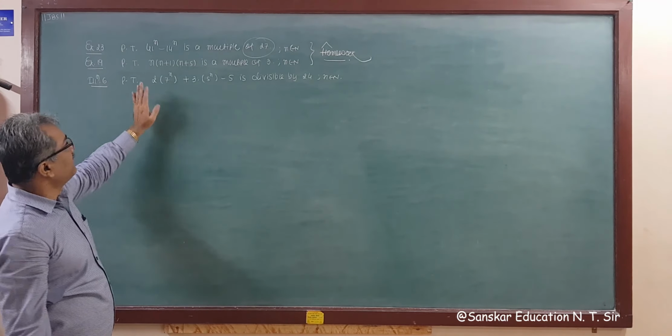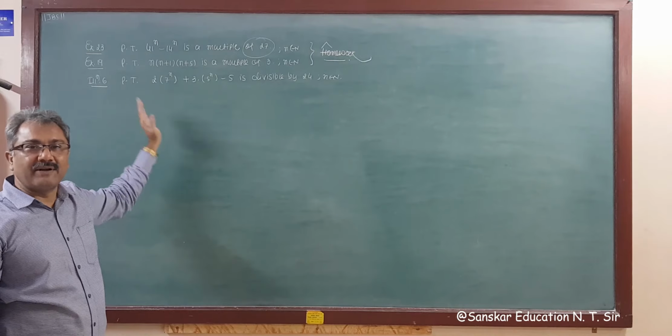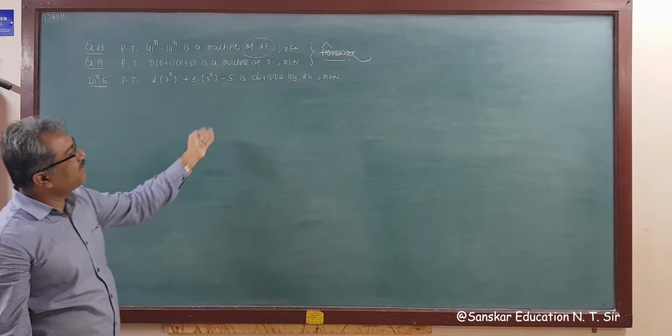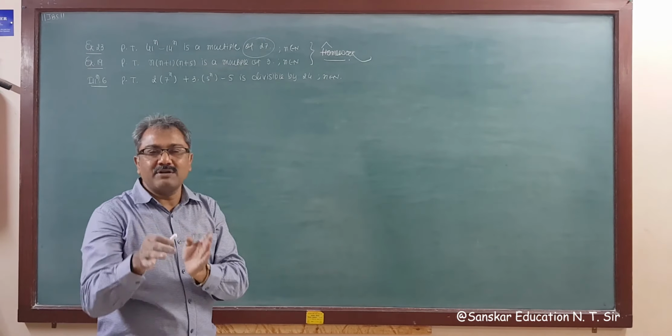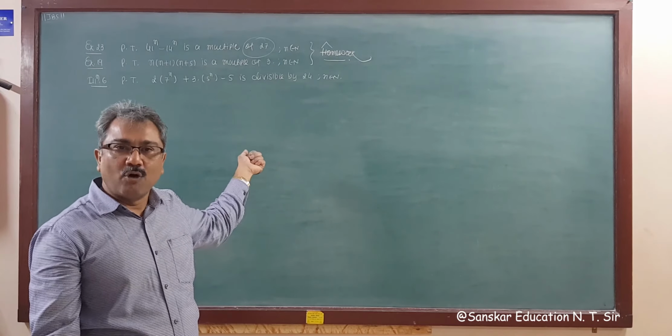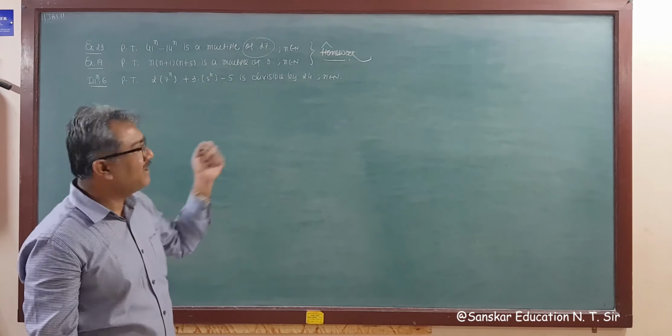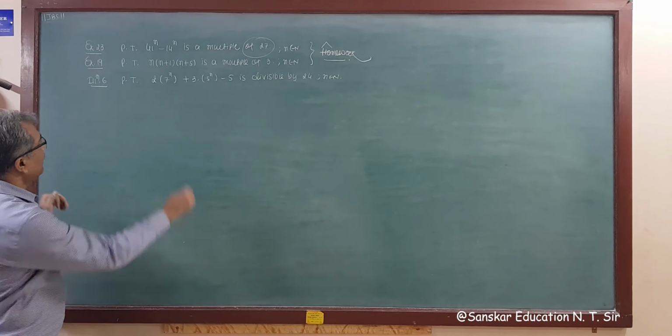Now this is the same kind of example, but a different type. It is divisible by 24. You cannot get 24 easily common from here, right? So we are solving this.